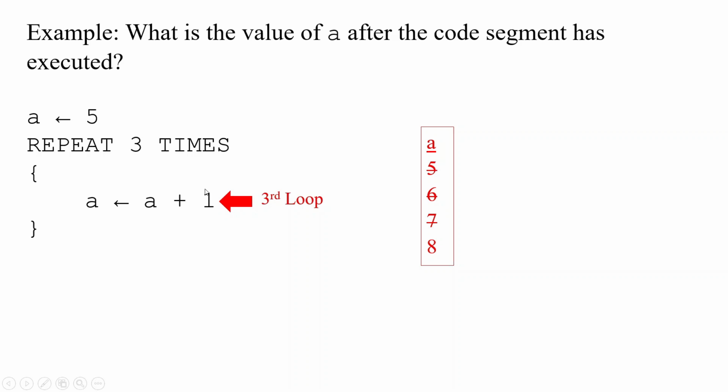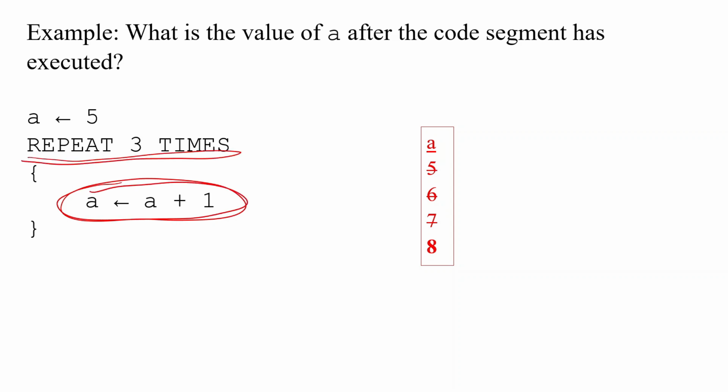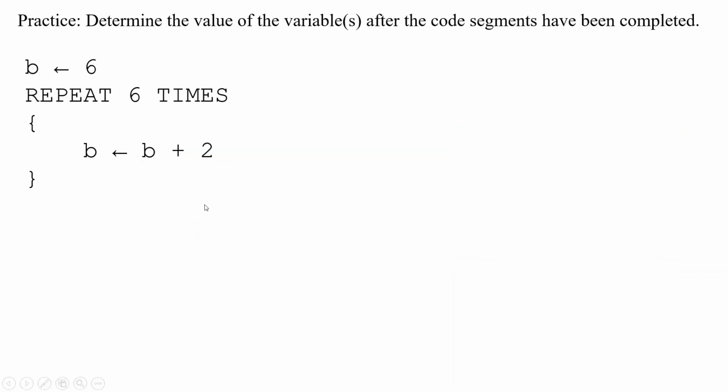A has the value of 8 after the code segment has executed. Even though this line is just mentioned once, because it's in this block of code, we repeat it 3 times.